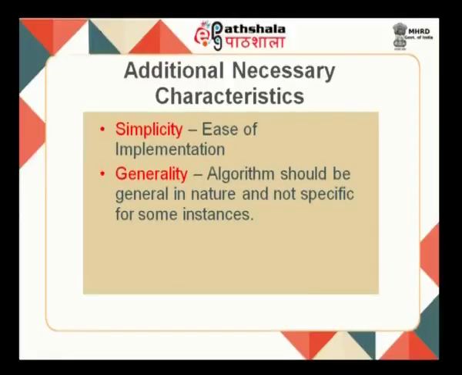An algorithm is supposed to have a finite number of instructions. It can be large, but nevertheless it should be finite, and the algorithms are supposed to terminate. So, termination is also one of the major requirements of an algorithm. These are the additional necessary characteristics of an algorithm.